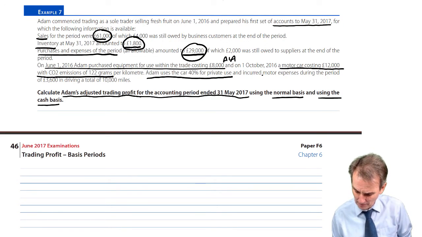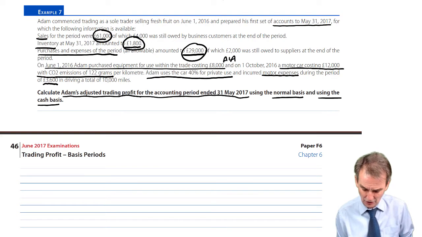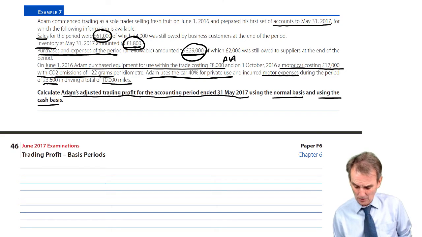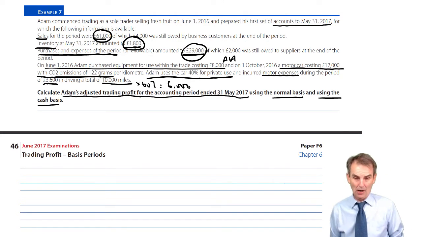We're also told about the motor expenses for the period, were 3,600, and we drove a total of 10,000 miles. We know, of course, Adam uses the car 40% for private use, 60% is business use, so times 60%, we'll need this later, would be 6,000 business miles.